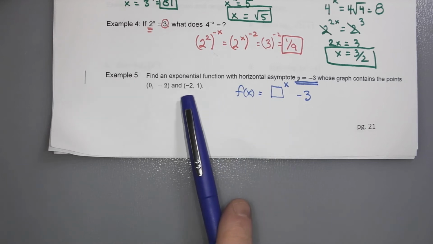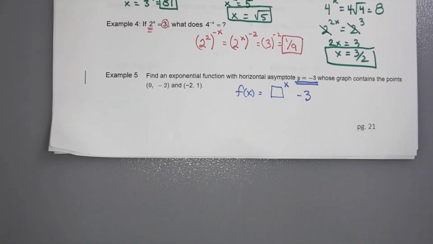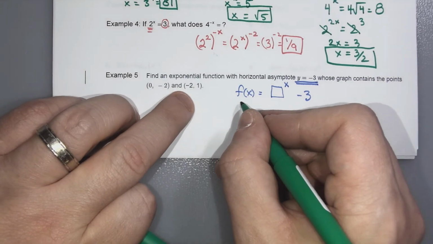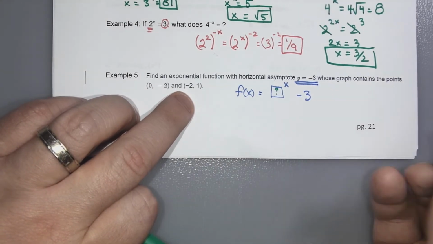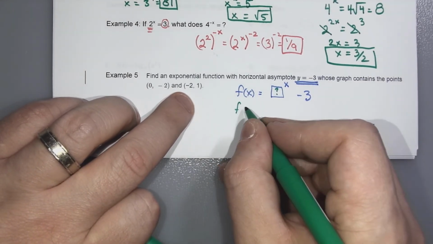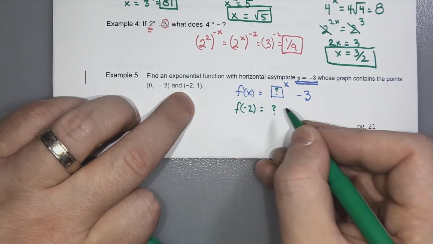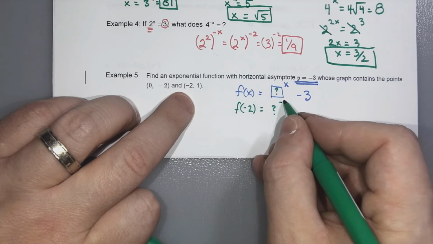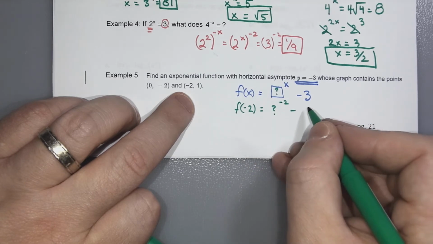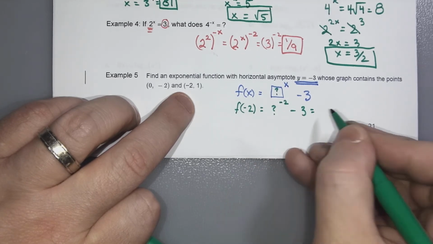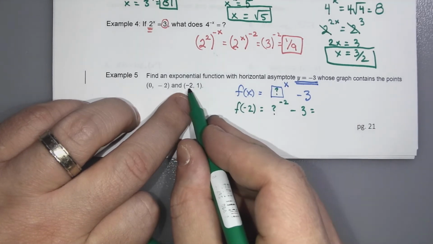And to figure out that, I'm going to have to solve this last piece, which says that f of negative 2, so let's call this one right here question mark. f of negative 2 is question mark to the negative 2 minus 3, and that's supposed to be equal to 1.